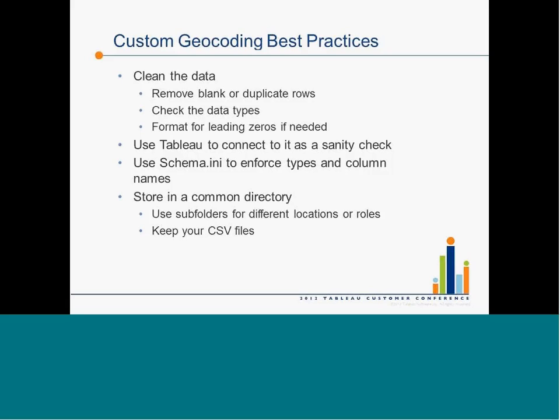And then, honestly, one of the great ways of collecting this information as you go throughout your job is to store these things in a common directory so that you have access to airport custom geocoding, or, in this case, some other types of custom geocoding files. And just to make sure that they're someplace where you can find them all in one spot.